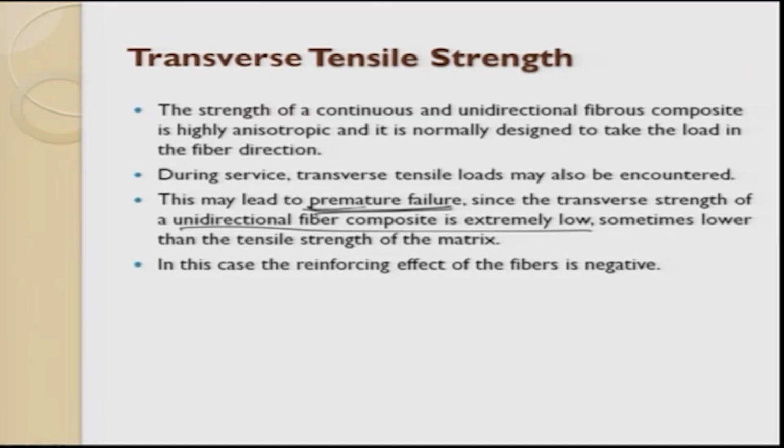Sometimes they say the composite has a premature failure. It is because the loads are not properly balanced. So in the case of the reinforcement effect, the fiber sometimes has a negative effect if you load it in the transverse direction.